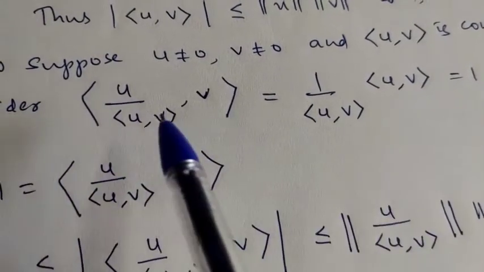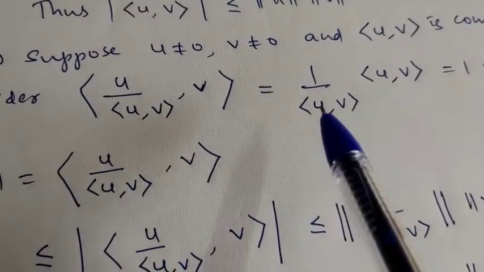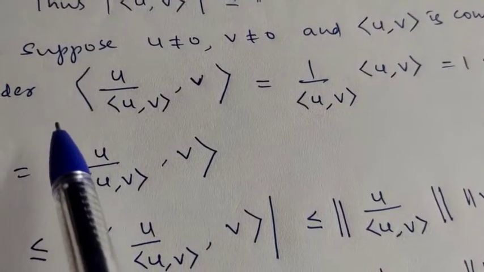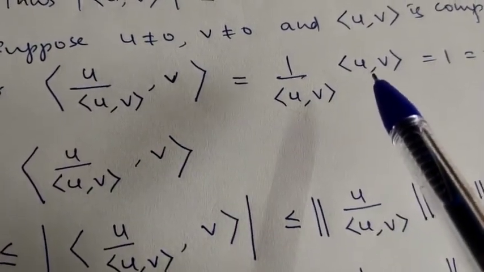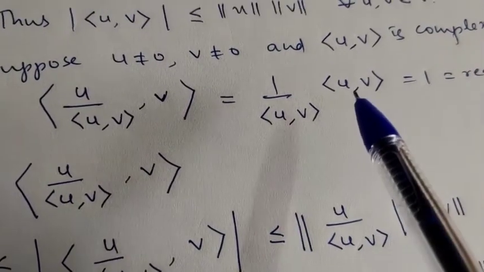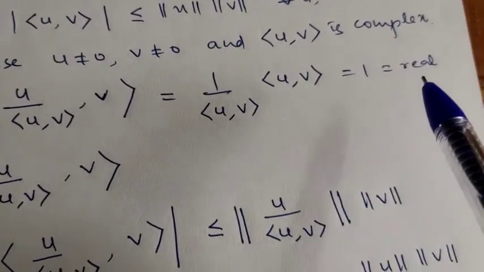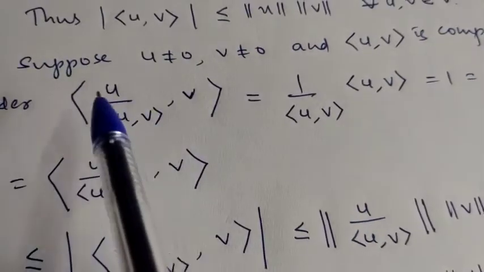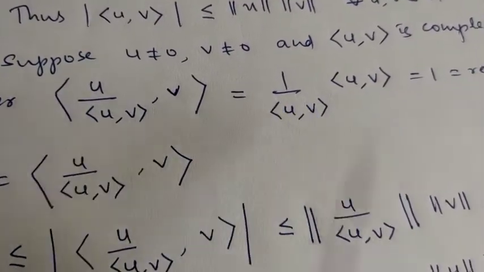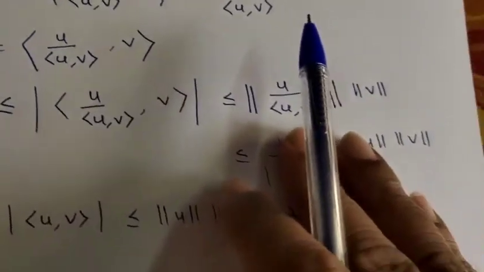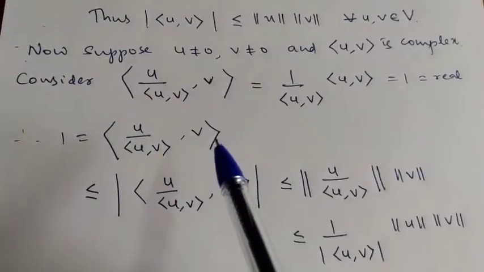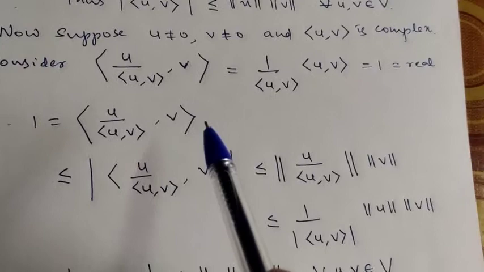It is a scalar that I can take outside of this inner product. So 1 over inner product of u comma v into inner product of u comma v. So what it gives? It gives 1. 1 is a real quantity. So this total term is a real quantity. The total term is a real quantity means what? We have proved the result for the inequality for real numbers.